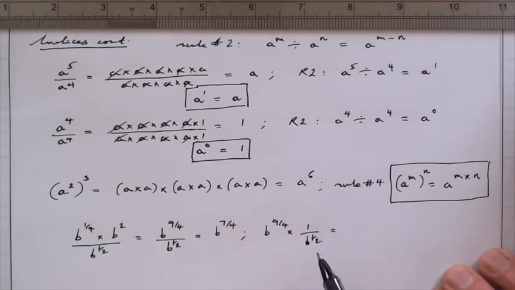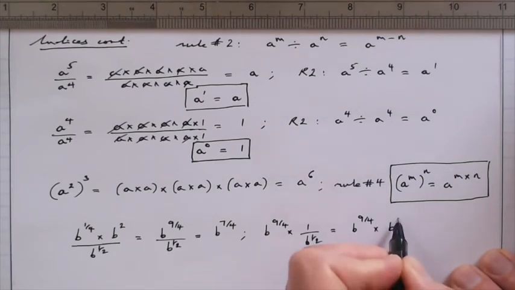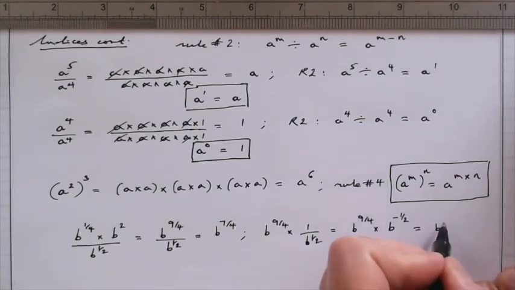I'm just doing it here to show that we could have used a different approach, which is to invoke rule number 3 here, which says that if I have 1 over a base to a power, I can interpret that as that base to the negative power. And then again I have a product, I have to add these indices together, and 9/4 take away a half, namely 9/4 plus negative a half is just 7/4.